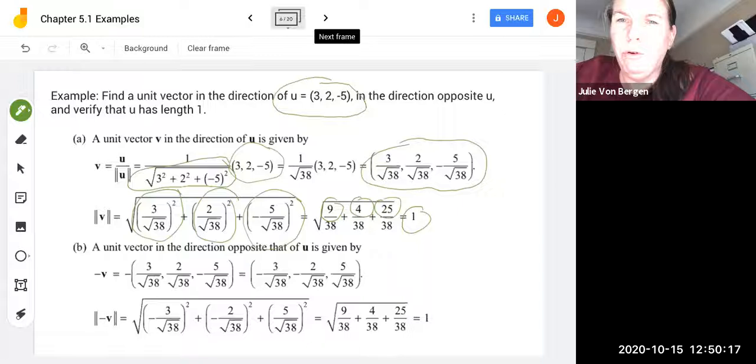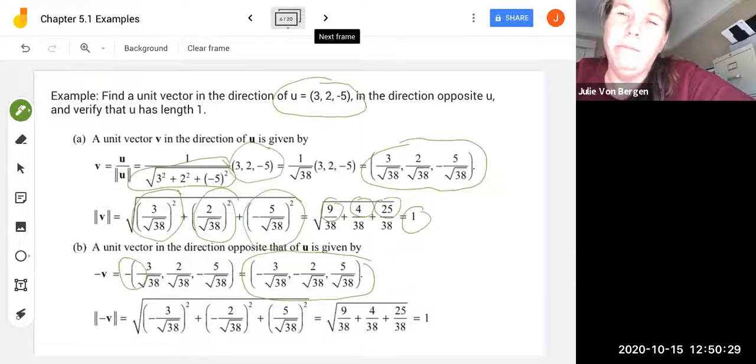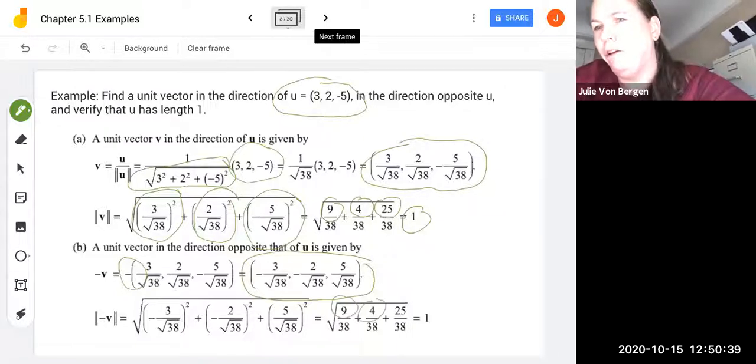You can see here we multiply the negative through, and so we get negative 3 over root 38 as the first component, negative 2 over root 38 as the second component, and 5 over root 38 as the third component. Then you can verify the norm of negative v: when we square everything, we just get those same positive values. So we get 9 plus 4 plus 25, which is 38, all over 38, which is 1, and so the square root of 1 gives us 1.